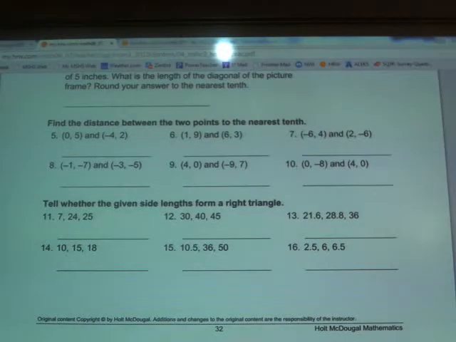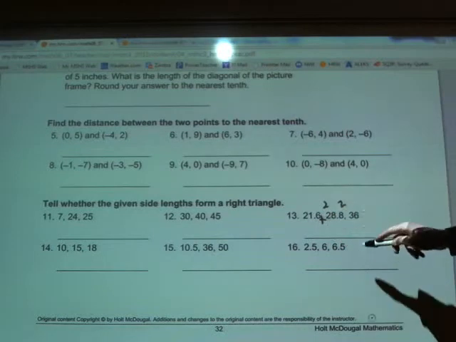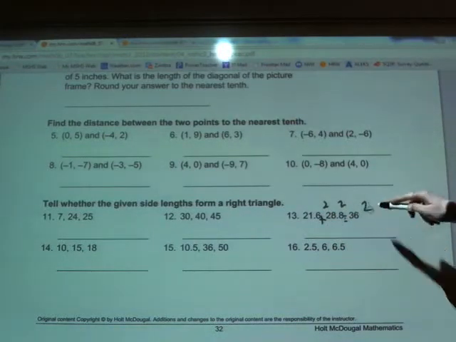So let's go ahead and again take a look at the one that looks nastiest, and that looks like it might be question 13: 21.6, 28.8, and 36. So remember, what the Pythagorean theorem says is that if I square these and add them up, it should be the same as this squared. Now, there's another way you could do this.